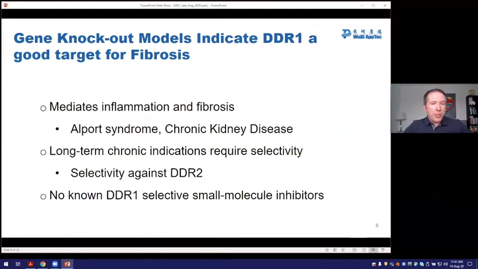And so they knew that they wanted a hit against DDR1 which would be selective for it relative to DDR2. However, the literature really didn't contain any known hits that were selective for DDR1 versus DDR2. And so they knew that the biggest challenge of the project would be to find something selective.